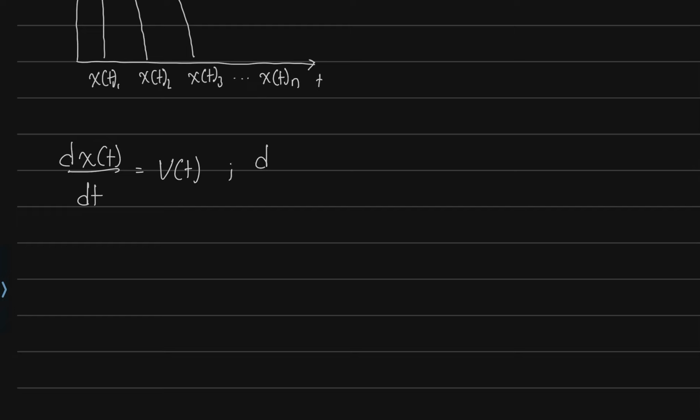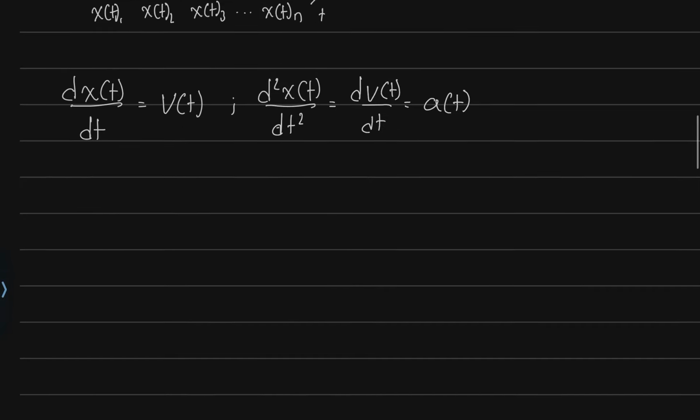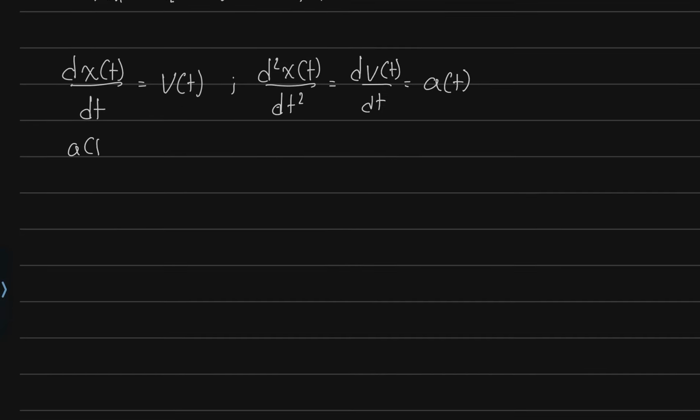And I can also find my second derivative with respect to position, which is just going to be equal to my first derivative of velocity over time, which will give me my acceleration as a function of time. Now, generally with dropping balls, a of t is going to be constant. But depending on how complex the system that you want to analyze is, it does not need to be.